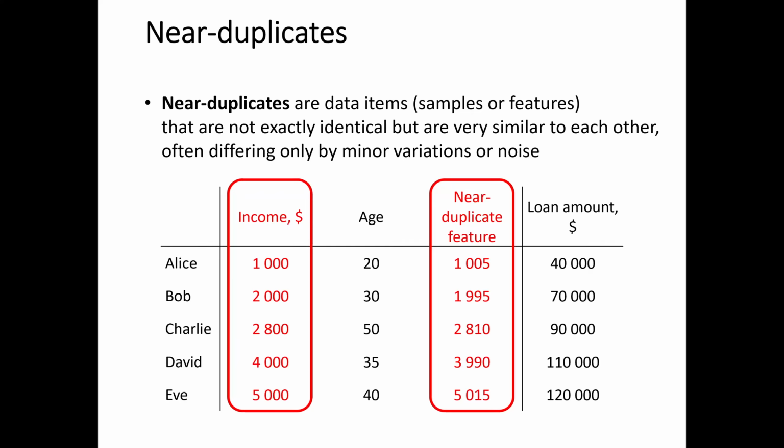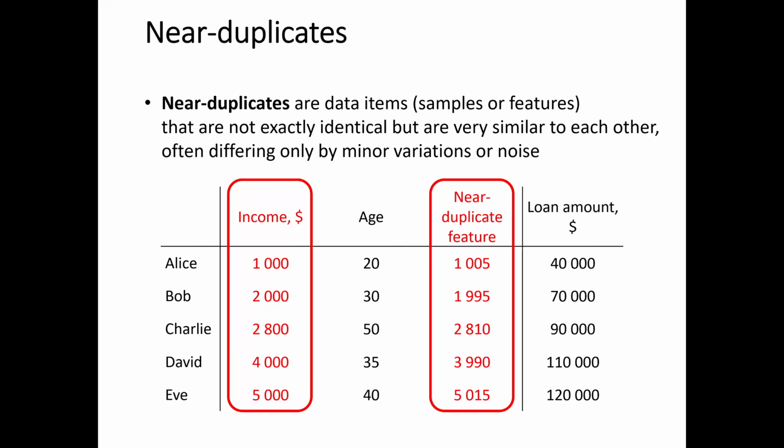Near duplicates can appear when data is collected from slightly different sources, or when the same measurement is recorded with minor rounding differences. For example, imagine we have a collection of web pages with product descriptions. Some of them are almost identical, except for small differences in formatting or a few words.